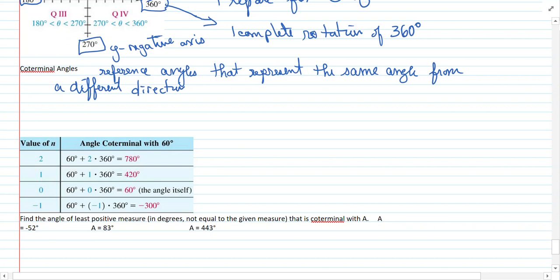We understand that we can go several times over and get the same thing. So here we have direction marks.